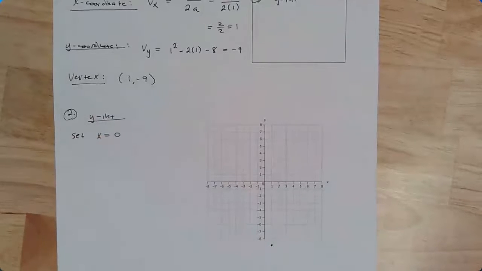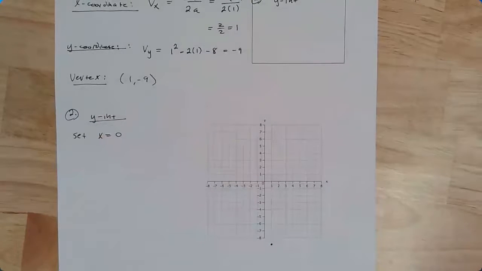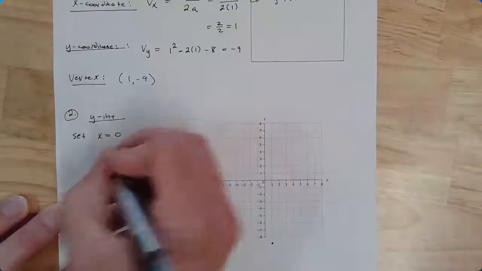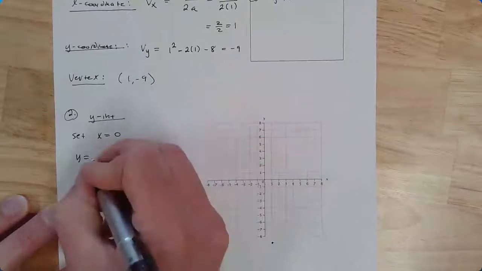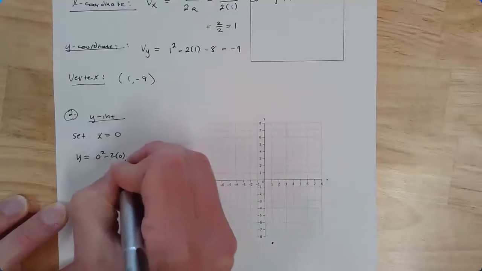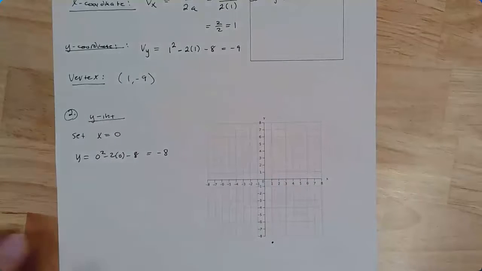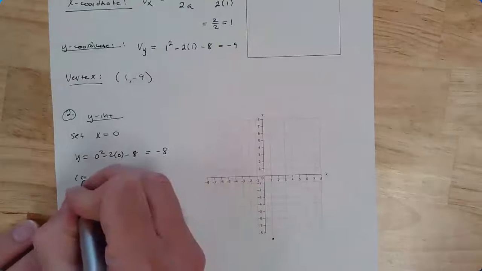I'm going to ask you a lot of times because it's a thing people tend to forget, but it's always the same. Even when your function is super complicated, finding the y-intercept is always just found by setting x equal to 0. So I set x equal to 0, it's usually pretty easy. If it's written like this, I'm going to get y equal to, I don't even want to write out 0 squared minus 2 times 0 minus 8, because really I just know it's going to be negative 8. So my y-intercept is going to be the point 0, negative 8.